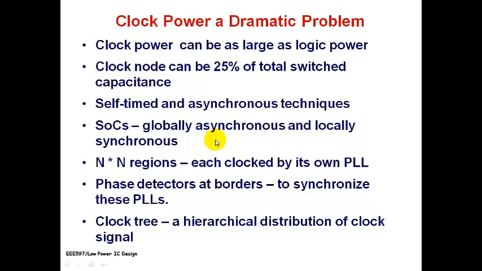So why bother? Let it be globally asynchronous. Each of the different units, let them work at various frequencies within their own modules, and within their modules let them be synchronous, operated by a certain clock. Globally let it be asynchronous. That is another solution to avoid this problem of clock.